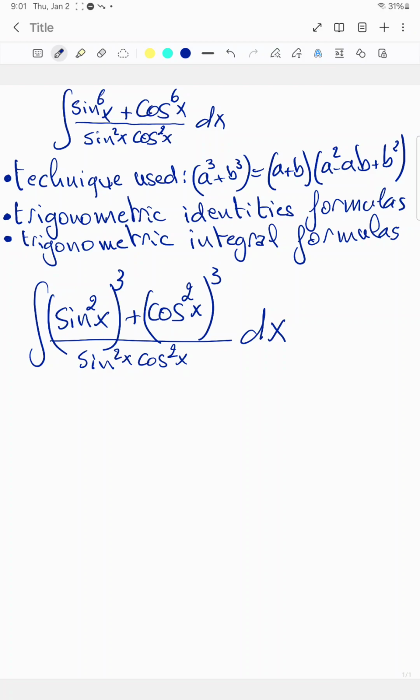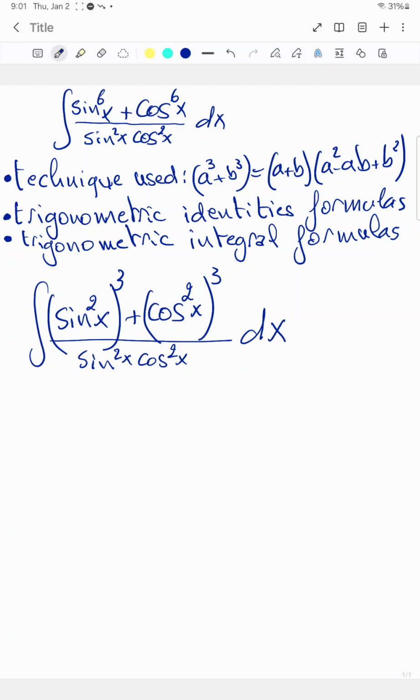I thought that way because all my trigonometric identities are either to the power of 2 or to the power of 1. In that case, it's obvious that you need to choose the power of 2.